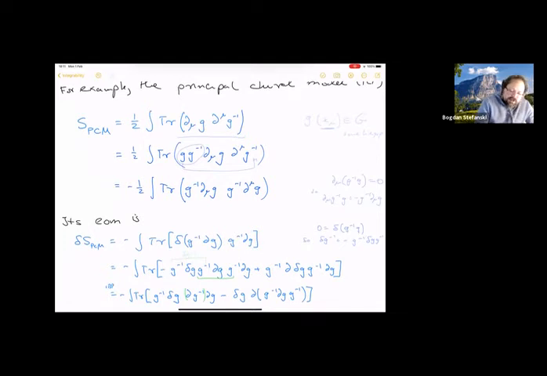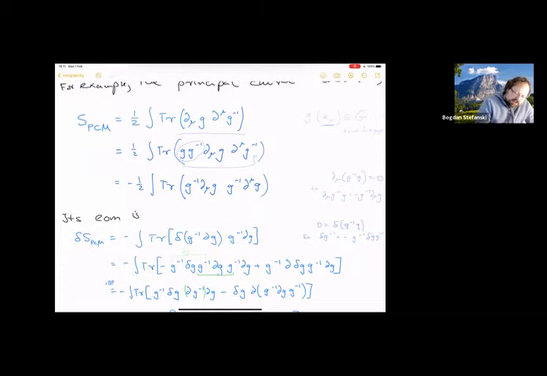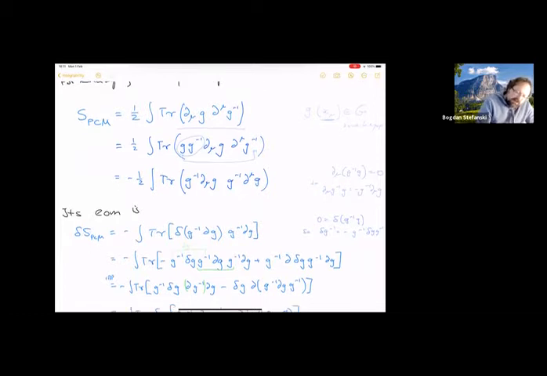Finally, the one trick I want to introduce very slowly, because if there are some younger students here who haven't seen it, a lot of the formulas can be confusing, is: G^-1 times G is the identity. If you differentiate the identity, you get 0. And now you can just use Leibniz rule to relate the derivative of G inverse to the derivative of G. Okay, so this is just a trick that I'm going to use over and over again.